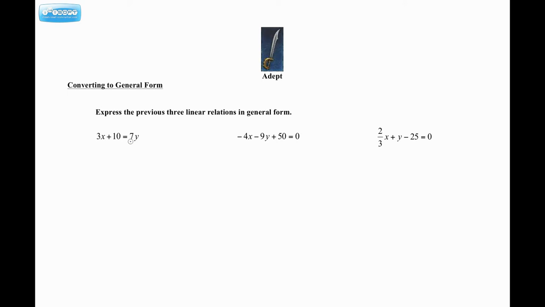But what we want to do is, first of all, get rid of any fractions. Well, that's no problem, because there are no fractions. The next step is to set everything equal to 0. It doesn't matter which side you choose, but because there are fewer terms on this side, I would say that's less work. So let's subtract 7y from both sides.